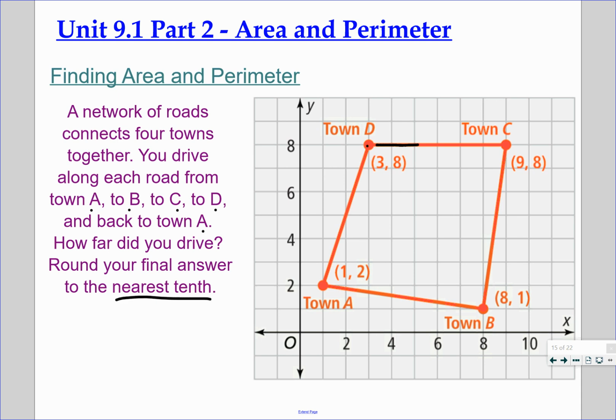So if we look at our shape, this is an easy side to find the length of. We're going to go from a positive 3 to a positive 9 horizontally, so that would be a total distance of 6. Now let's go ahead and draw our triangles for our other sides. If we draw a triangle here, this is a 1 by 7 triangle.